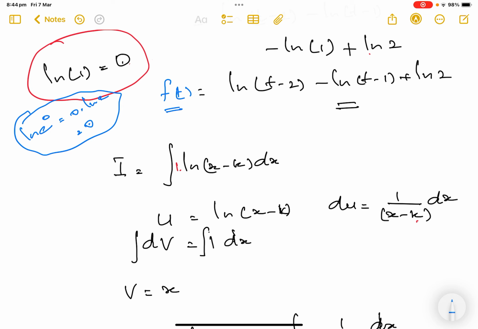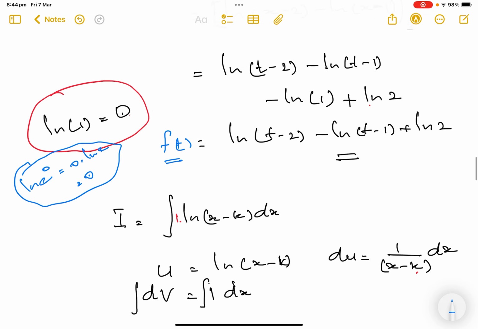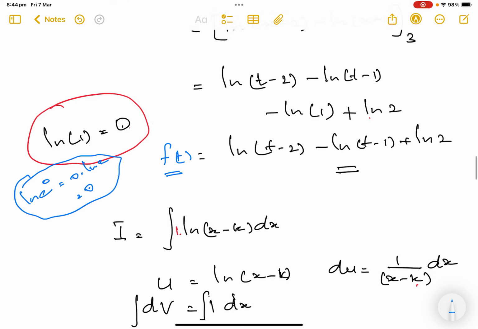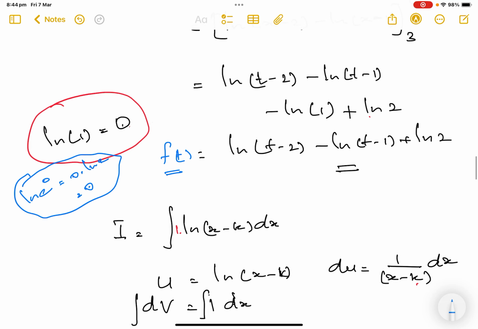Any log 1 is 0. Right, that's done. We have found f(t), the function of t.